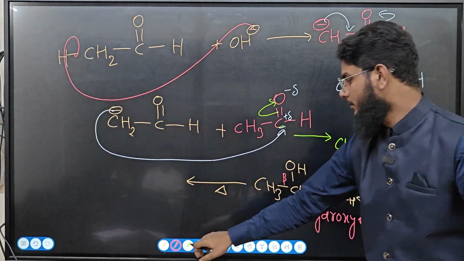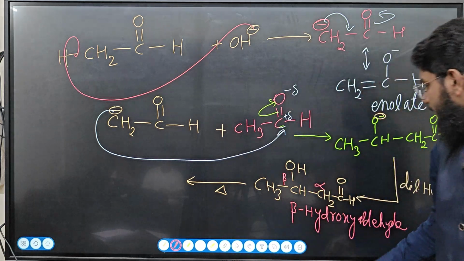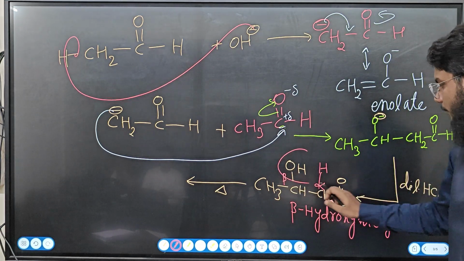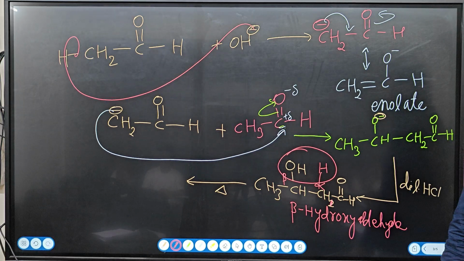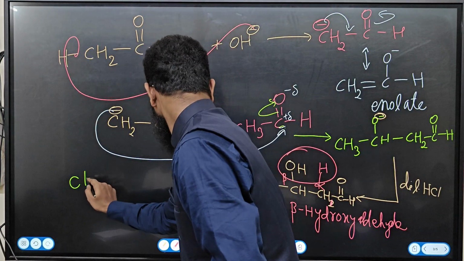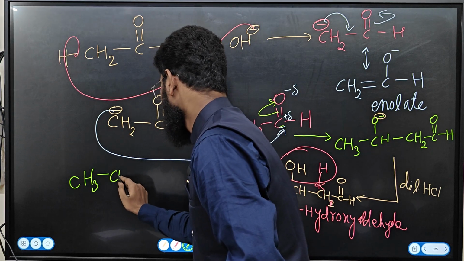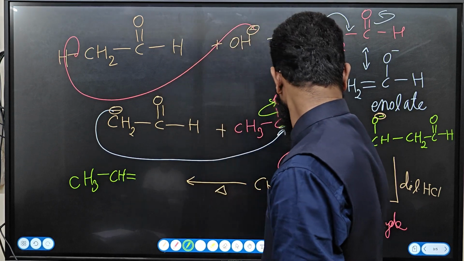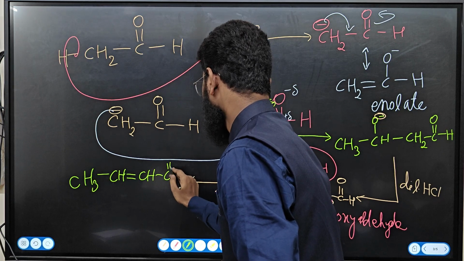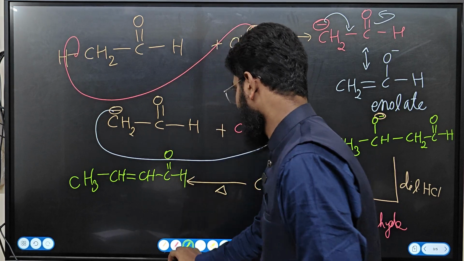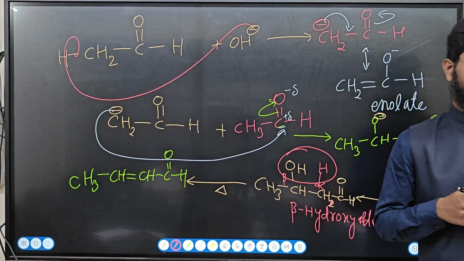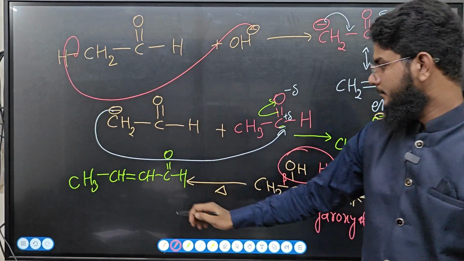Because of this heat, there will be removal of water, and finally you will get the product CH3, CH, double bond, CH and C double bond OH. What is the name of this product?